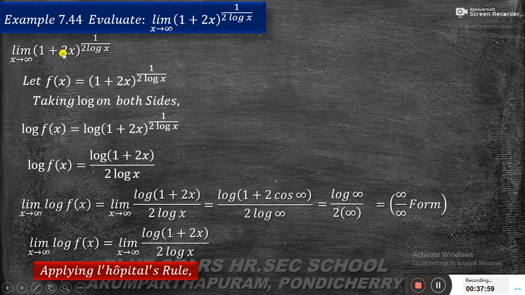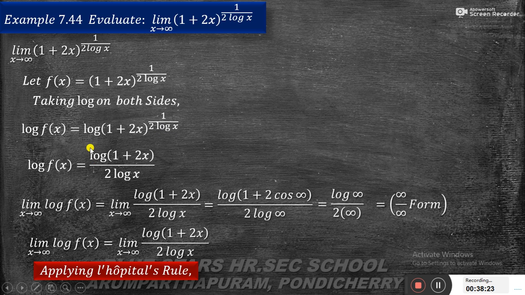Here I consider f of x equals (1 plus 2x) power 1 by 2 log x. The next step, taking log on both sides. So log of f of x equals log of (1 plus 2x) whole power 1 by 2 log x. The power inside the log I write as multiplication.